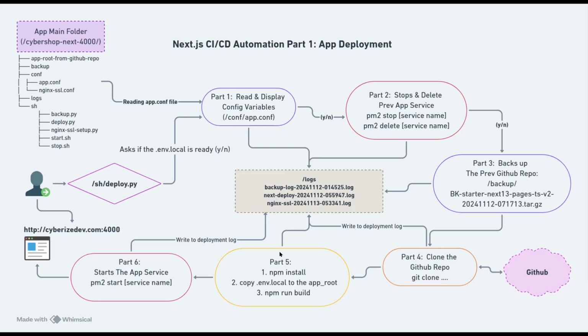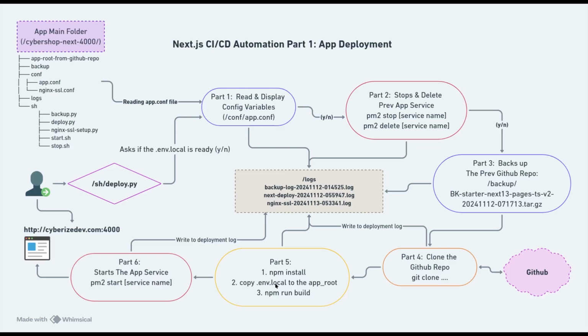So now that everything is in place, we get started with part number 5, which has 3 parts. We run npm install. These 3 parts pretty much all developers know. We install all the dependencies, and then remember the .env.local we had ready?